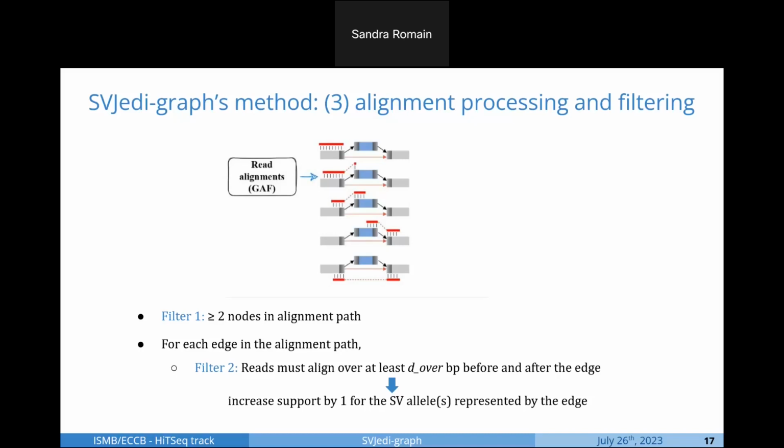And for each alignment that respects this filter on the edge, we increase the support by 1 for the SV allele that is represented by the edge. So after this step, we have for each SV the support counts for its two alleles.